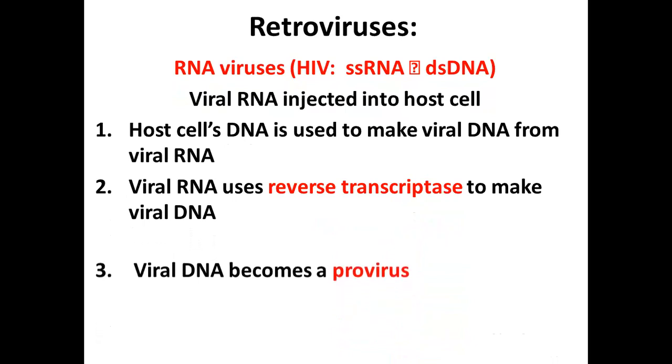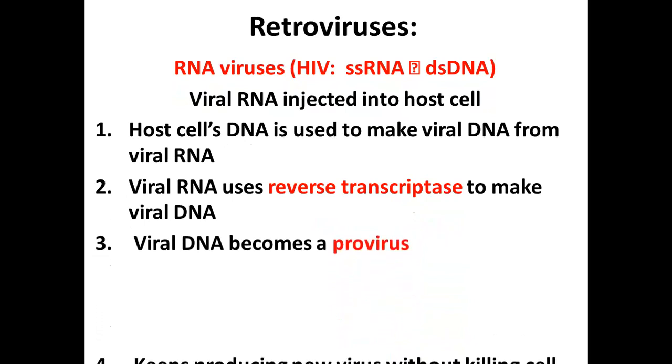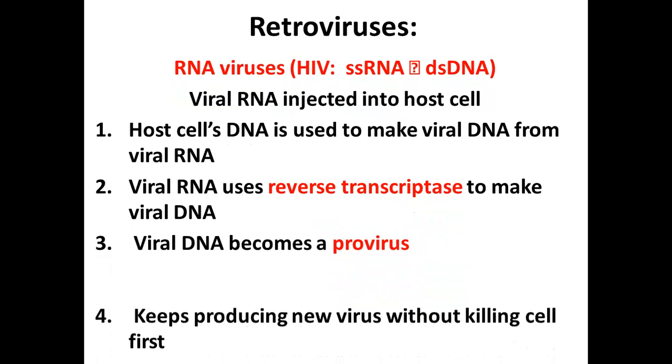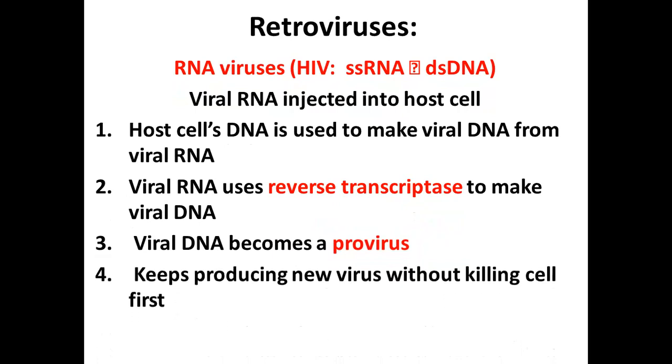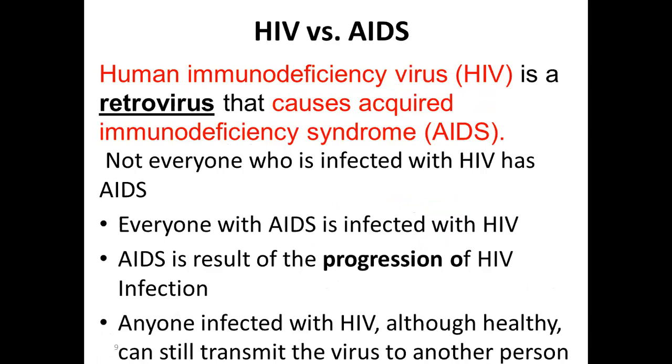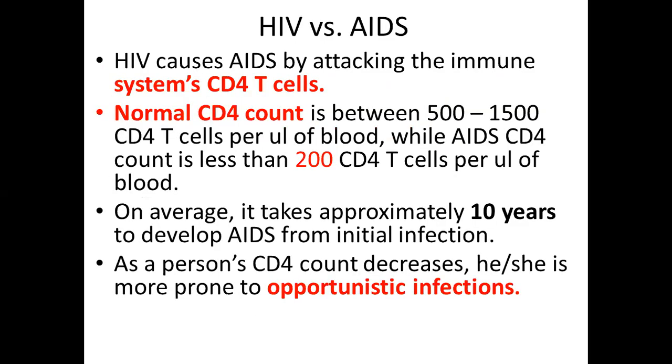And this viral DNA becomes a provirus, and they keep on producing new viruses without killing the cells at first. Over the years, when a person becomes immunodeficient, the HIV infection is converted into AIDS. Everyone with AIDS is infected with HIV. AIDS results from the progression of HIV infection, while everyone infected with HIV, although healthy, can have a.